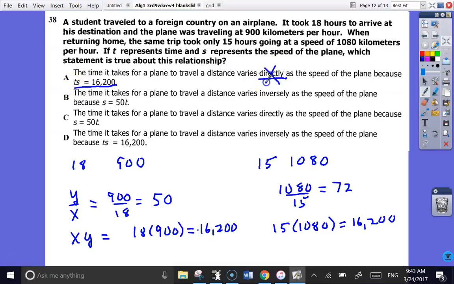Well, that's wrong because it doesn't vary directly. It varies inversely because S equals 50 times T. No, because S equals 50 times T, that's a direct variation. So that's wrong. Okay, it varies directly. Well, no, it doesn't. It varies inversely because T times S, the time times the speed, equals a constant. That's the right answer. So you've got to remember the two checks. For direct variation, check y divided by x. For inverse, check x times y. And the answer is D.